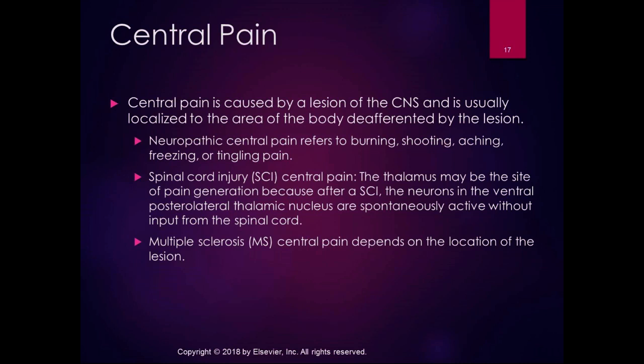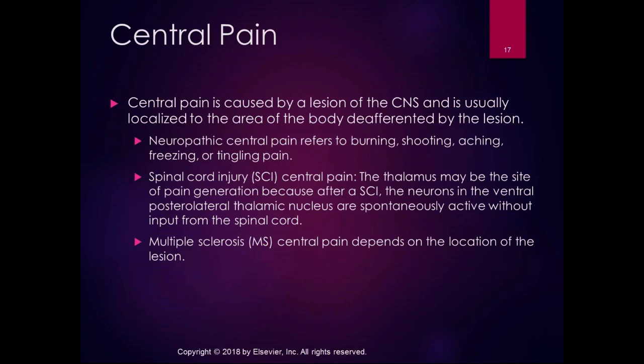You can think of it as separate from its afferent input. Neuropathic central pain is usually burning, shooting, aching, freezing, or tingling pain. When you hear descriptions like shooting, freezing, tingling, those are usually neurological in origin.